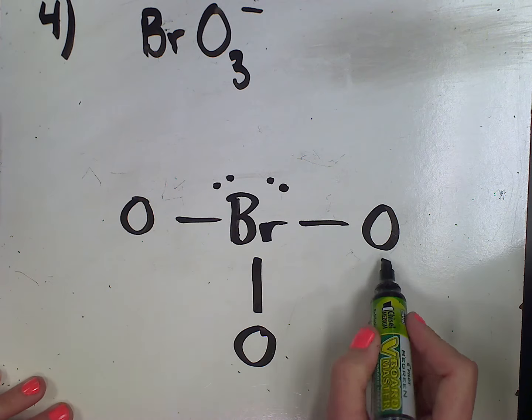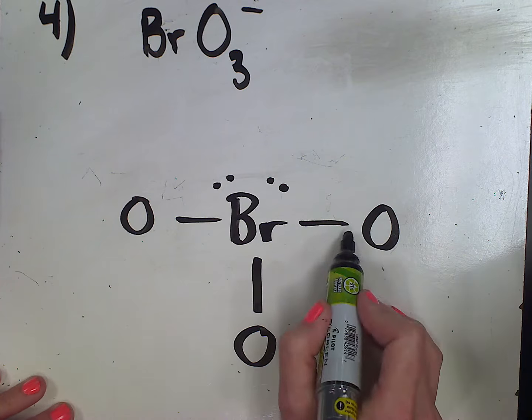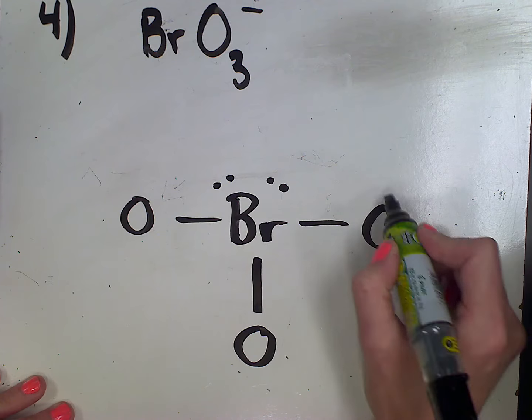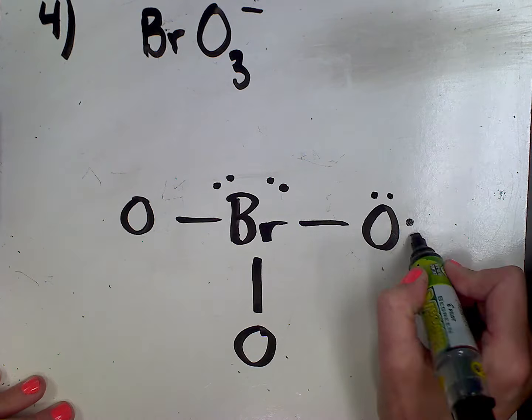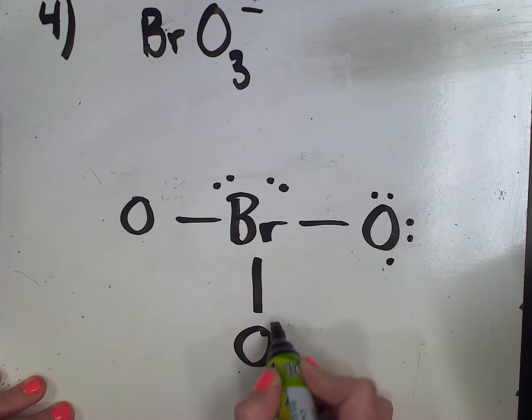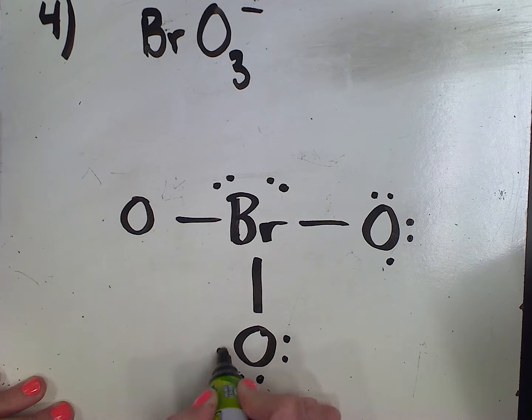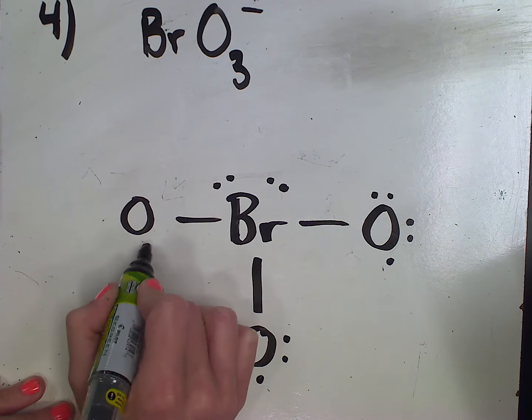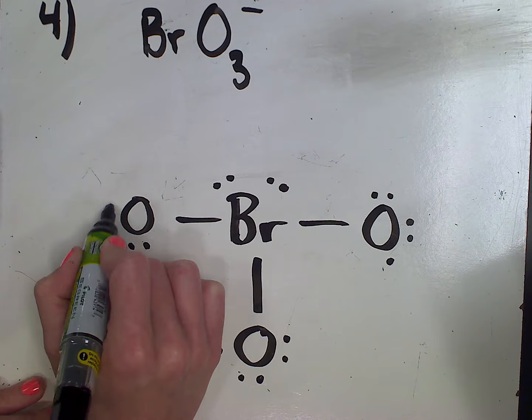Oxygen has 6 valence electrons. Right now there's 1 occupied in bonding, so that's 1, 2, 3, 4, 5, 6, and the same goes for the other two oxygens.